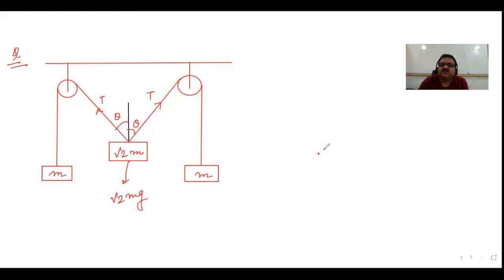Clear? Now do it like this. This is T, this is T, this is root 2 mg. Now this entire angle is what? 2 theta. Okay. Now watch it carefully. If I draw a line like this, okay, what is the value of this angle?